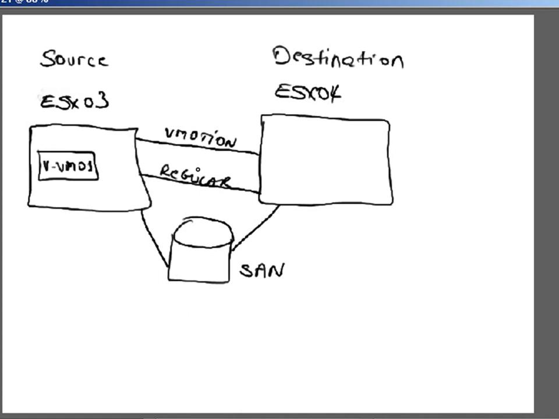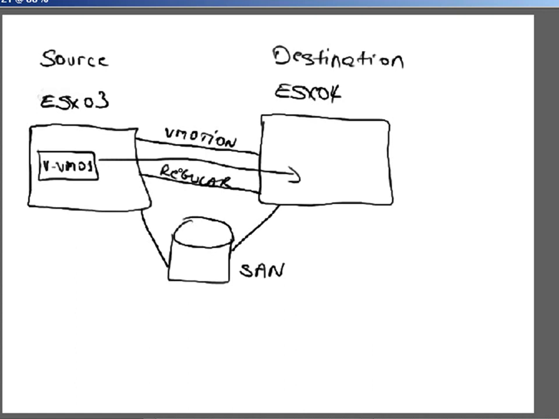So when you initiate the migrate or the vMotion command from within the VI client, the first thing that happens is the memory state is copied from the source to the destination. Obviously, this copy occurs over the vMotion network, so as not to disturb the regular traffic over the regular network.